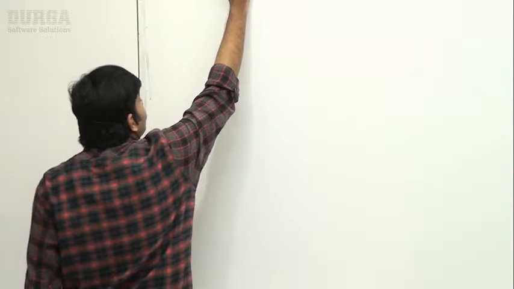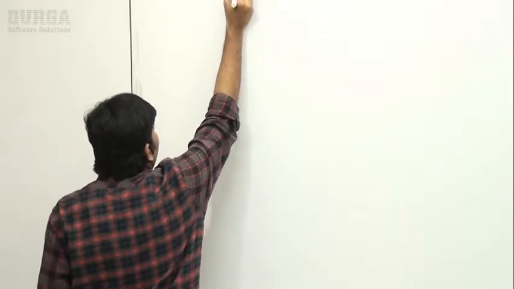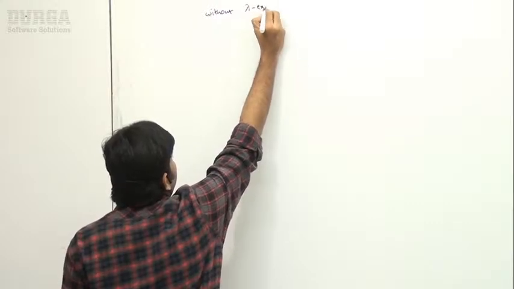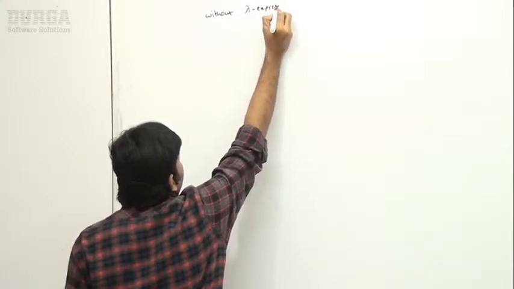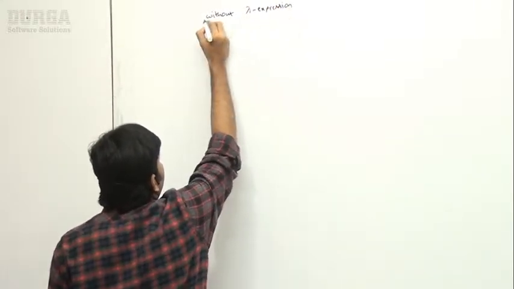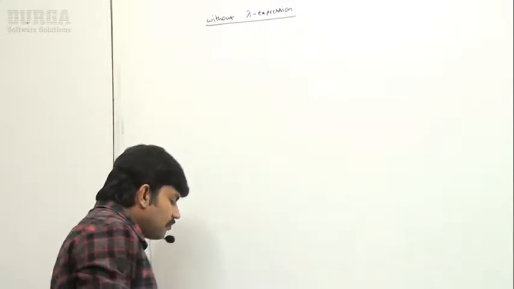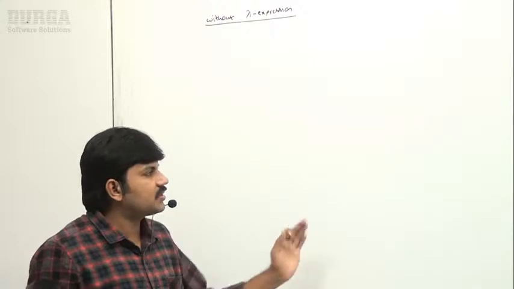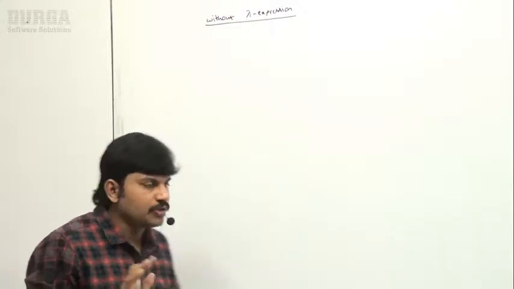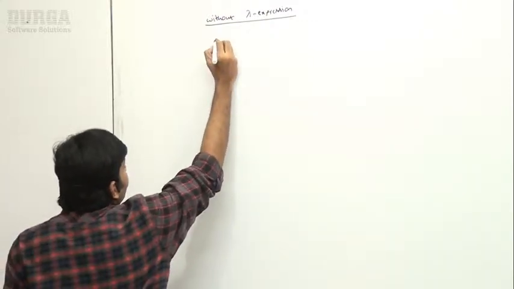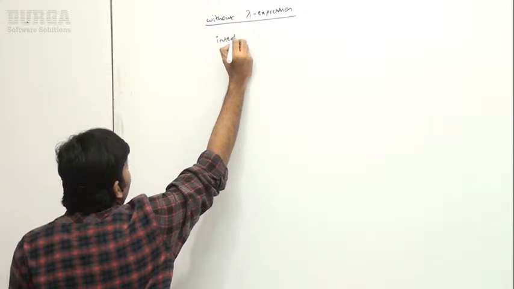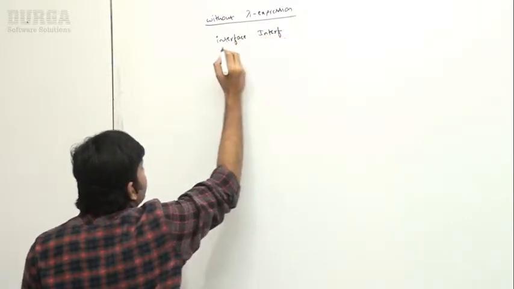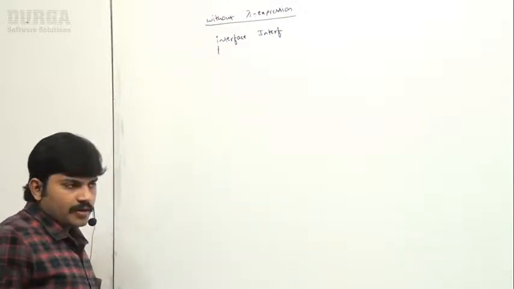Sir, first let me take the story without lambda expression. I don't want to use lambda expression, sir, because I am a 1.7 version developer and I don't know about lambda expressions. Assume I have one interface, Interf.